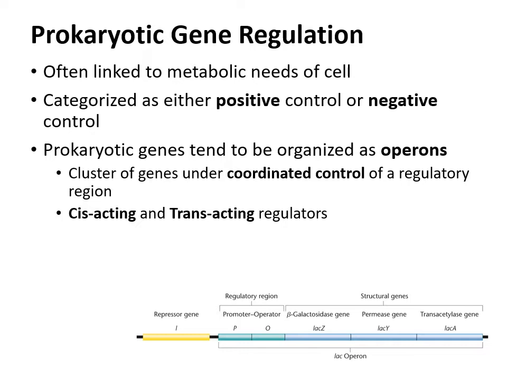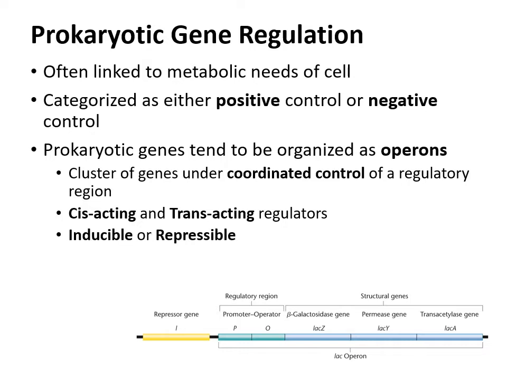Whereas with trans-acting regulators, when you hear trans, think traveling. Trans or traveling, because these aren't sequences, these are diffusible gene products. These are proteins. So trans-acting regulators are proteins that can swim around and bind to certain genes to regulate them. We'll see in a minute what examples are of these things.